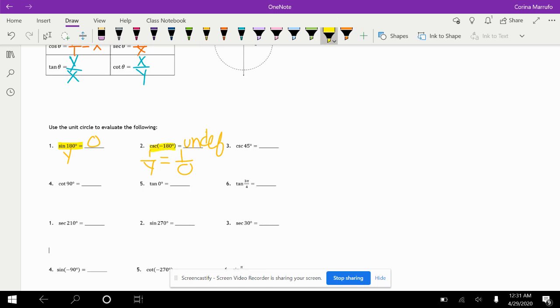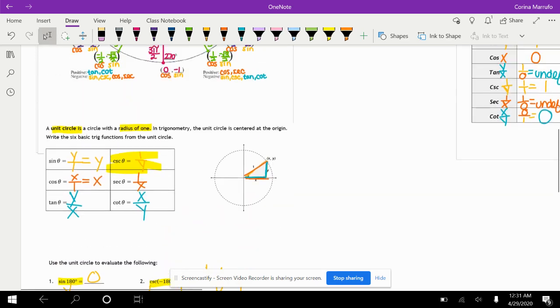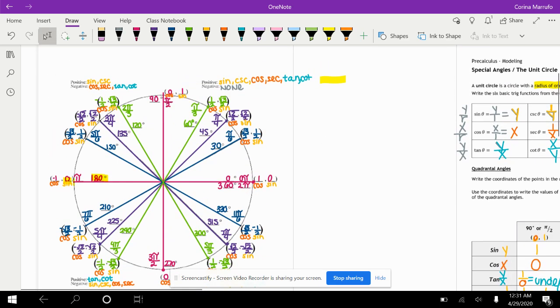All right, we have another cosecant again. Cosecant is 1 divided by our y value. So we're going to check our y value at 45 degrees. I'm going to go up here and look up 45 degrees. So here's 45 degrees. And my y value here is the square root of 2 over 2, but it's sine.